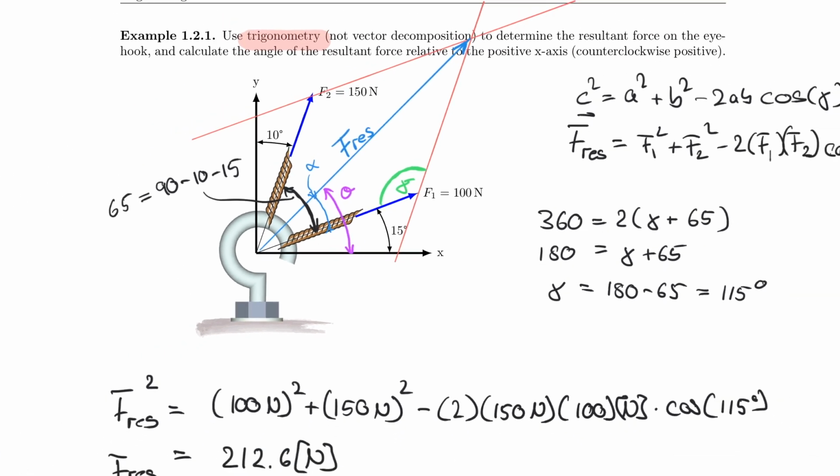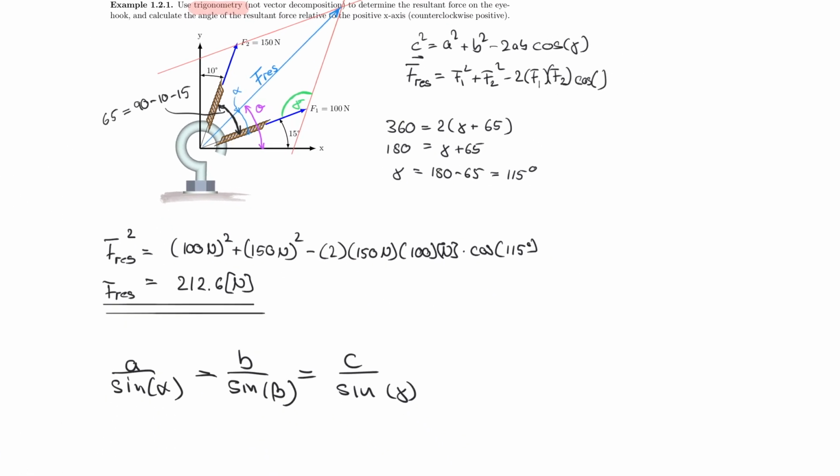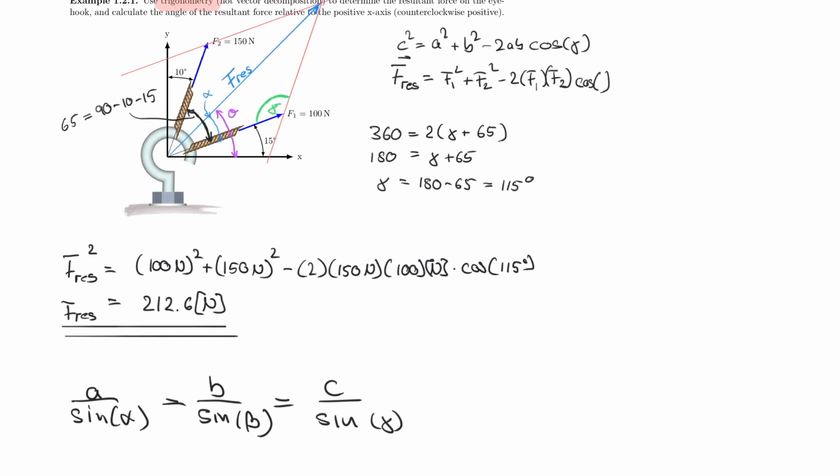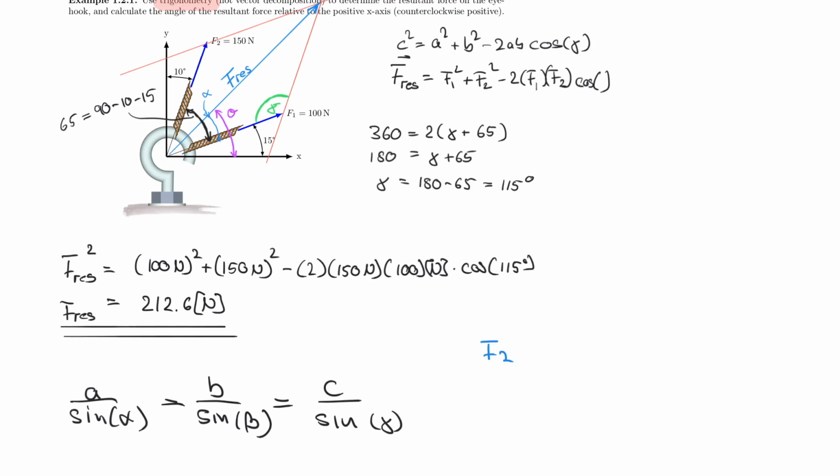So if I want to find that angle alpha, I just have to use my F2 as A. And therefore I have F2 relative to sine alpha is equal to F resultant to sine gamma.